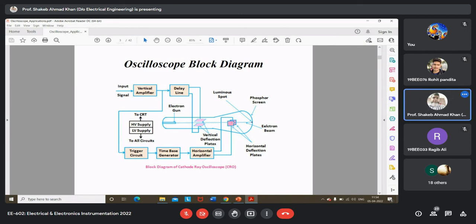That's why this pair of plates is known as the vertical deflection plates. Then we have another pair of plates. When a voltage is applied across it, it causes the deflection of the electron beam horizontally.